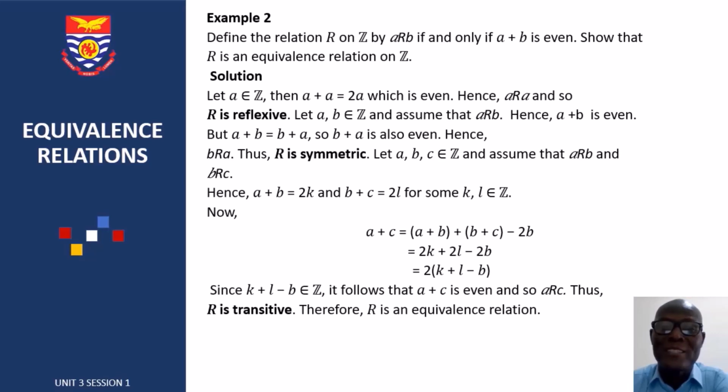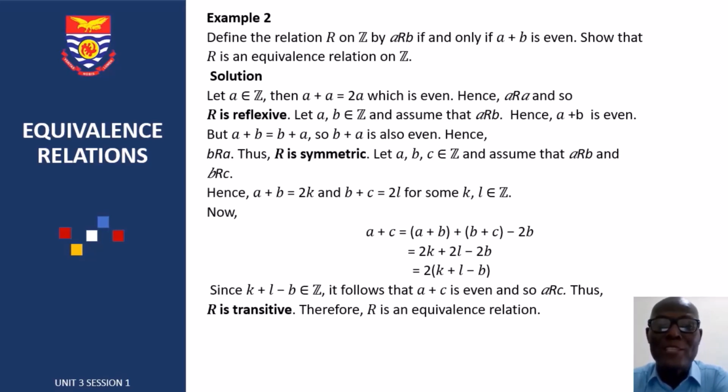Now, to show that the relation R is symmetric, we let A, B be integers. Then A relating to B should imply B relating to A. Now, A plus B is even, and for B relating to A, B plus A should also be even.